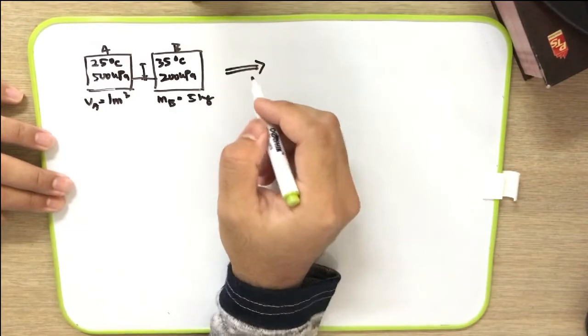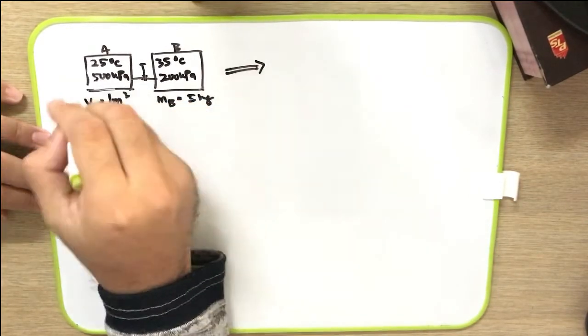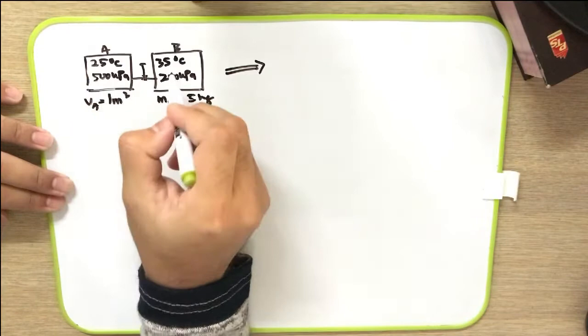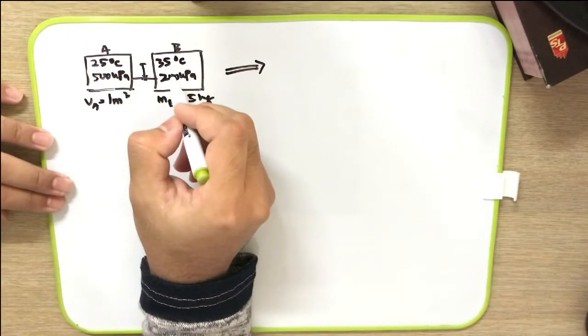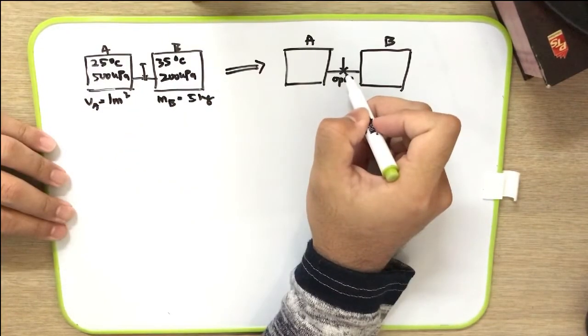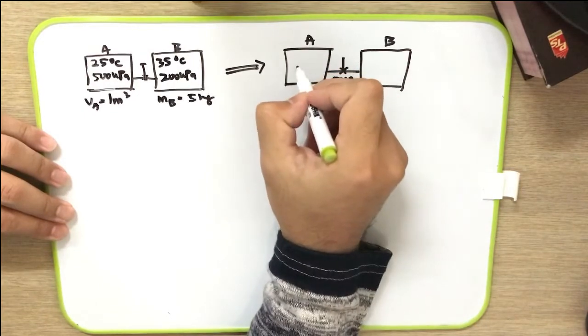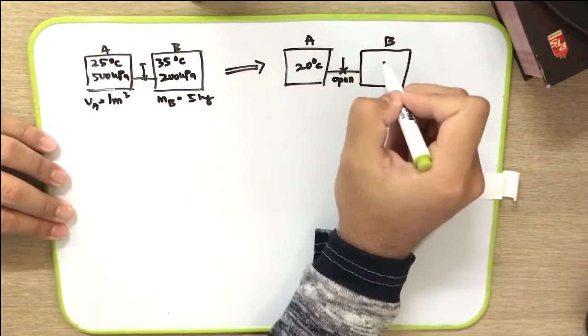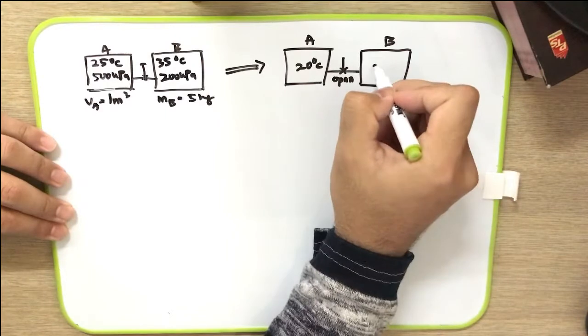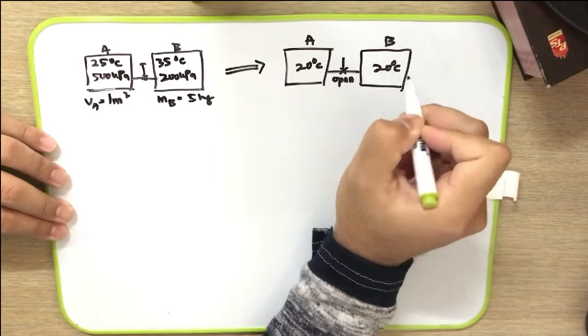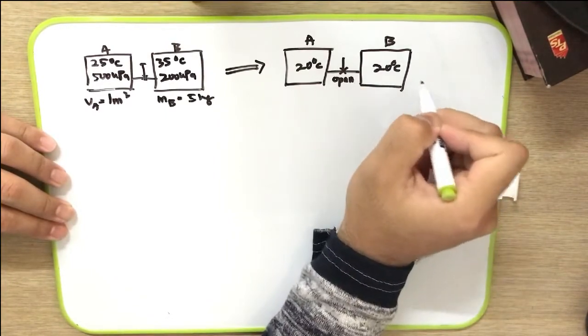From the question as well, when the valve is opened, the entire system, which is tank A and tank B, will reach thermal equilibrium. So when the valve is opened, tank A will reach 20 degrees C and tank B is also 20 degrees C, which is in equilibrium with the surroundings.